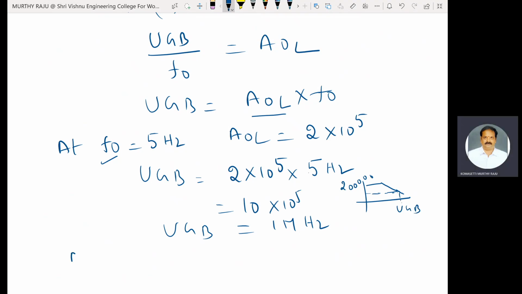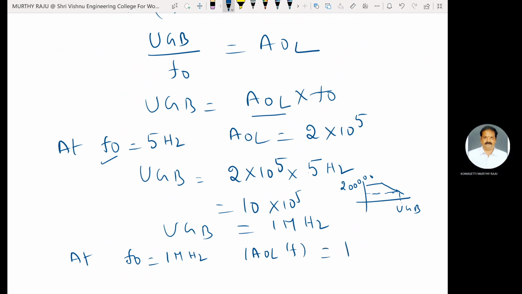Suppose at F naught is equal to 1 megahertz, mod AOL of F is equal to 1. Find out the unity gain bandwidth product.